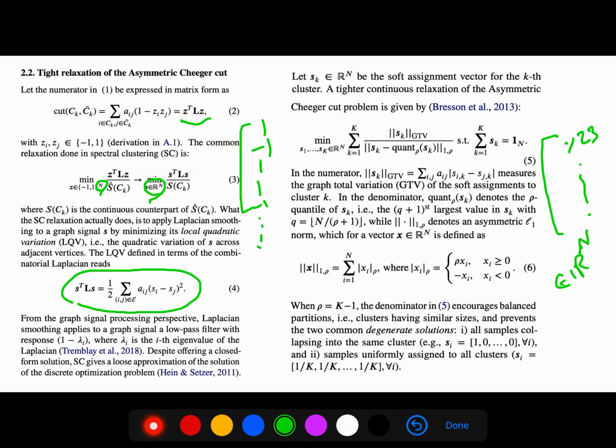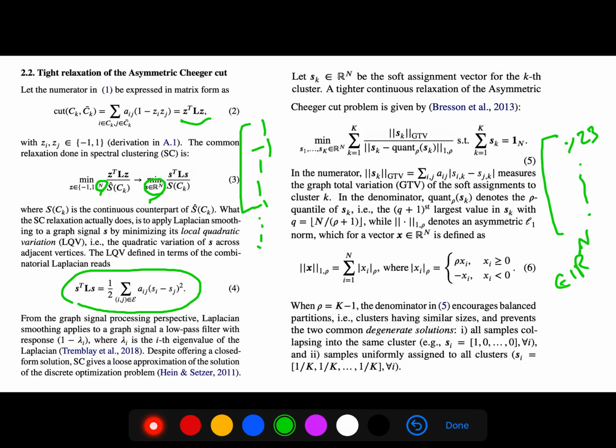From the graph signal processing perspective, Laplacian smoothing applies to a graph signal a low-pass filter with response 1 minus lambda_i, where lambda_i is the ith eigenvalue of the Laplacian. Despite offering a closed-form solution, spectral clustering gives a loose approximation of the solution of the discretized optimization.